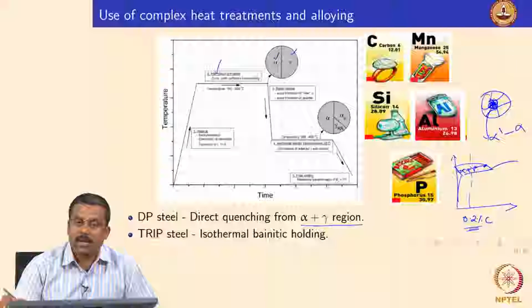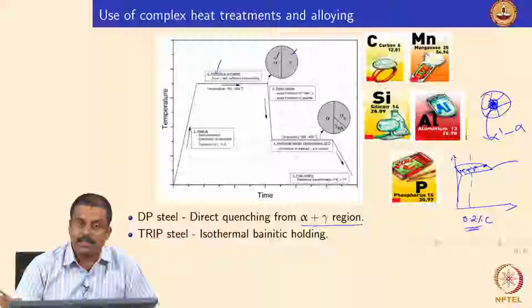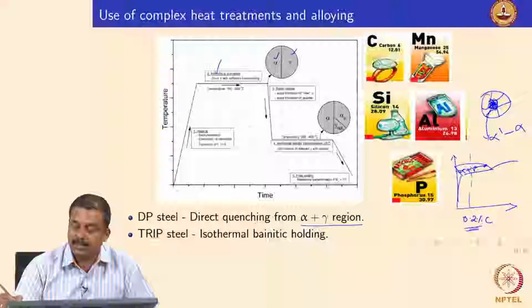These mobile dislocations are very useful to increase the ductility of the material, and the presence of martensite will also increase the strength. That is the idea behind generating the two phase microstructure of ferrite and martensite: increased strength, and enhanced ductility because of the mobile dislocations generated during this heat treatment.